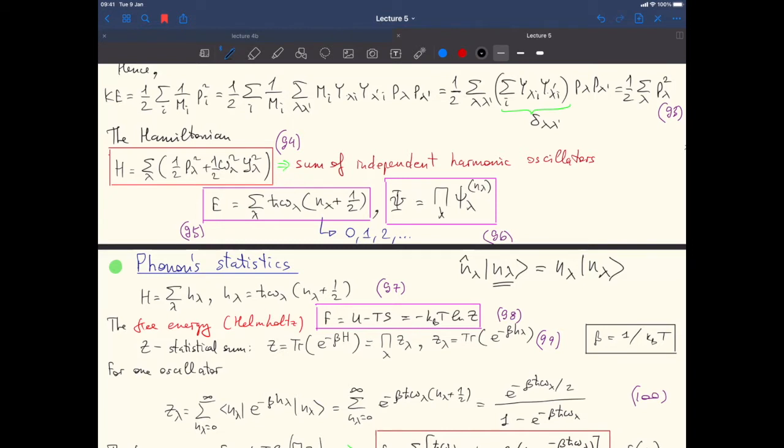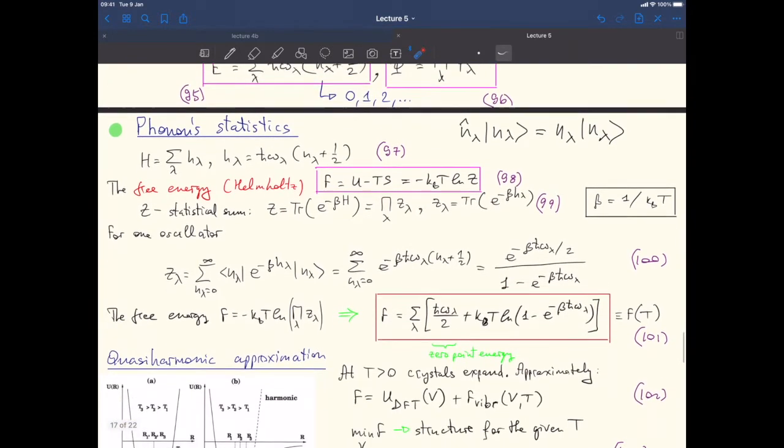So if our collection of oscillators has a particular set of all these numbers n lambda, when we act with the operator n lambda on that state, we obtain that state multiplied by this integer depending on how many oscillators of this type lambda are excited.